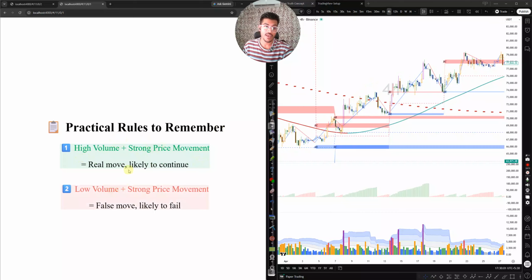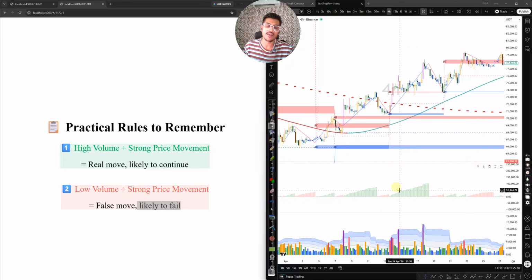It was a real move. And low volume with strong price movement is a false move, likely to fail. See this low volume on the downside, very low volume on this down wave. The market stops, it doesn't go much further down, and then it goes up again with much higher volume.